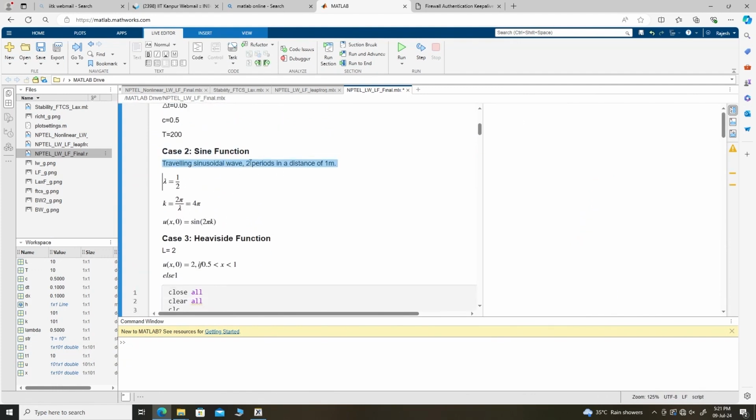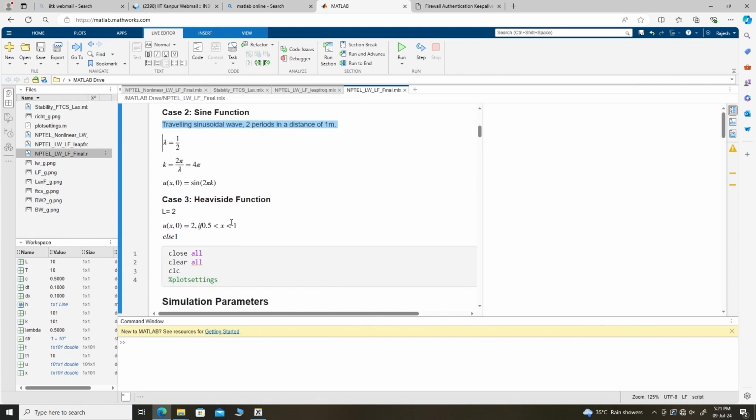So I have a travelling sine wave. The initial condition has 2 periods in a distance of 1 meter, so lambda is equal to 1 by 2, and k equal to 2 pi by lambda, that is 4 pi. So u x 0 is sine 2 pi k x. And then you have the Heaviside function, where you have the curve going up, then a discontinuity, and then coming down. It is like a box.